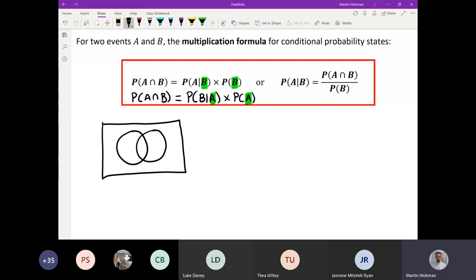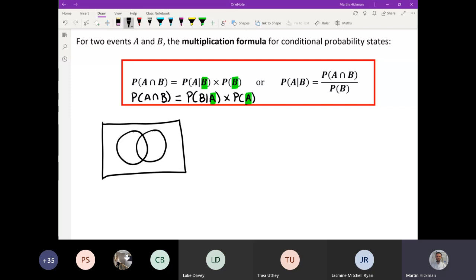So for the probability of A given B, on the bottom of my fraction goes the probability of B, my restricted space. On top is anywhere where that event is satisfied. So where is A happening within that given space? Well, that's only where A and B are intersecting. Okay, so that's how we get that formula.